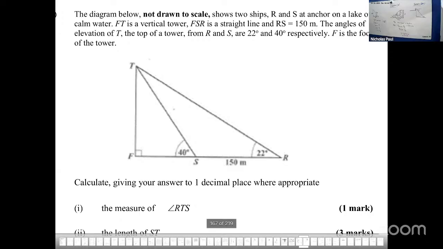Are you all seeing the angle of elevation on the diagram? It's there for you already. Page 166. You all see the angle of elevation, right? They give it out.